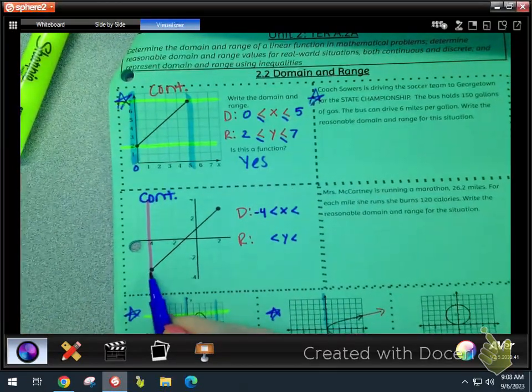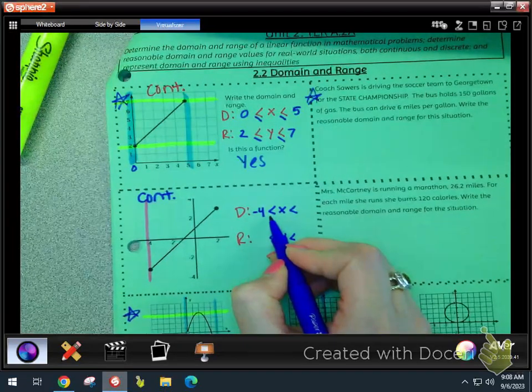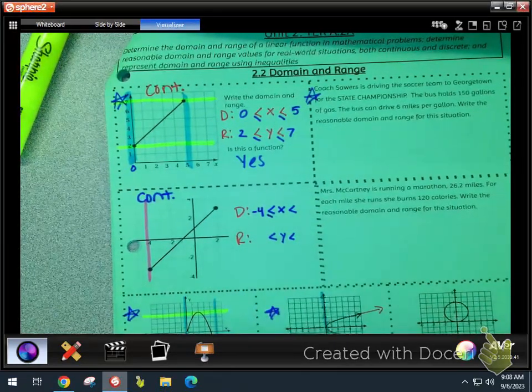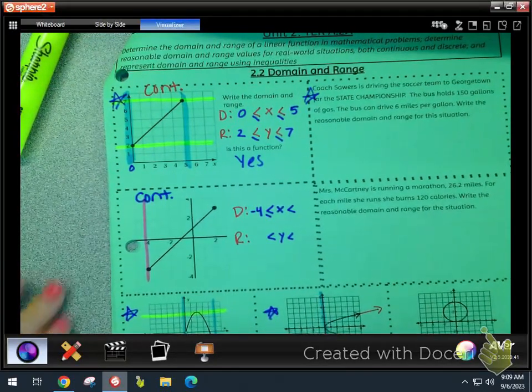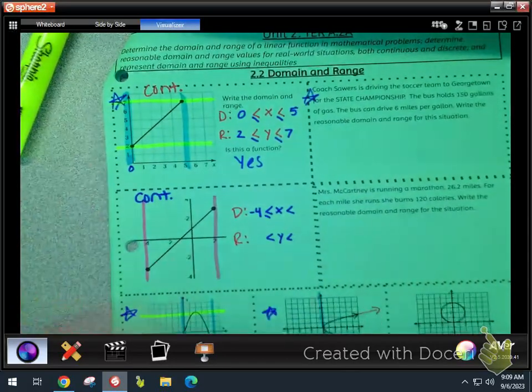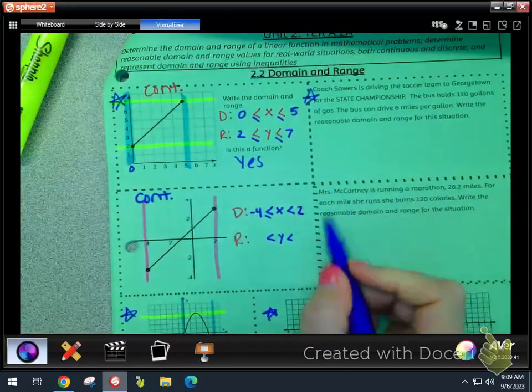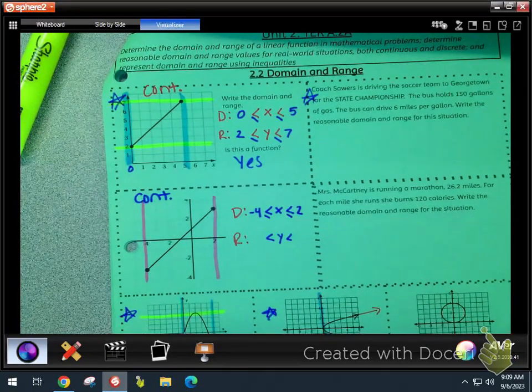Now, at -4, I have a closed circle. They took the extra ink to color it in, so what do I have to do right here? Draw a line under it. Okay? What's your right boundary going to be? Do you have one? 2. And then I need to put a little line under it. All right?